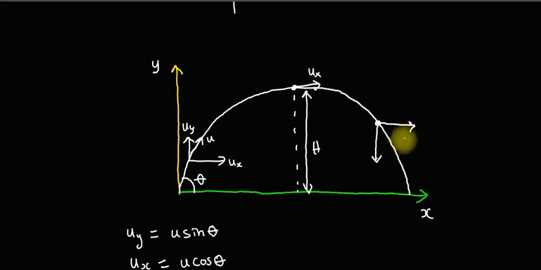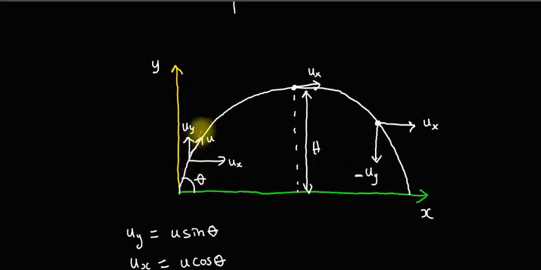So now we still have the same horizontal velocity acting, and then the vertical component becomes negative. Why does the vertical component of the velocity become negative? It's because it's different from the direction which it was going.